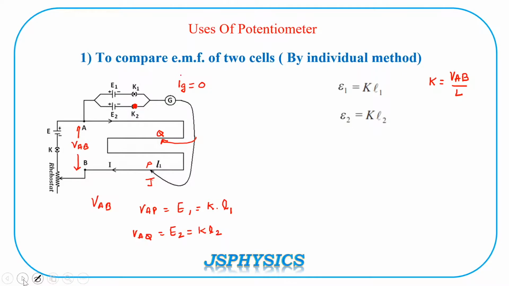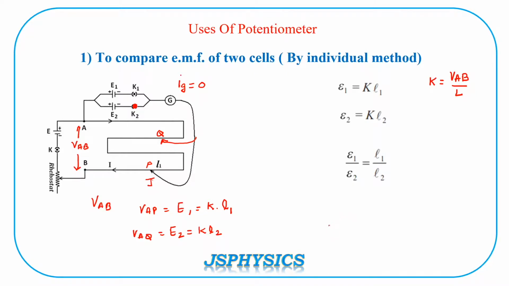Now if we divide these two equations, we can write E1 by E2 is equal to L1 by L2. Means once we know the balancing length corresponding to E1 and E2 across the potentiometer wire, we can determine the ratio of EMF of both the cells.